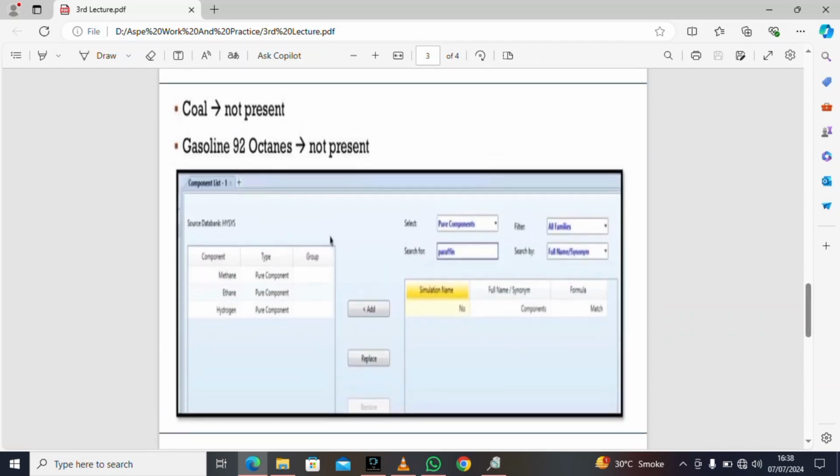Once again, you cannot simply say let's model coal and search for coal or paraffins. That is not present; you need to use the oil. The same is true for gasoline. You cannot search for gasoline. You need to state which gasoline, because 87 octane will have a different composition than 92 octane gasoline. So you need to state these with petroleum assays and oil characterizations.